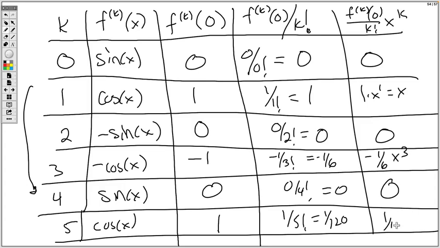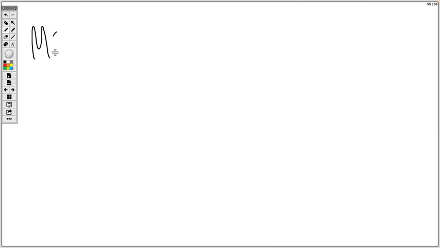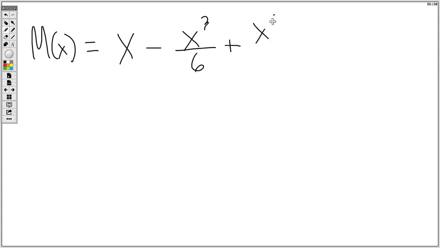And then 1 over 120 x to the fifth. You with me or not, folks? And so my Maclaurin series for sine x is looking like x minus x cubed over 6 plus x to the fifth over 5 factorial, which is 120.